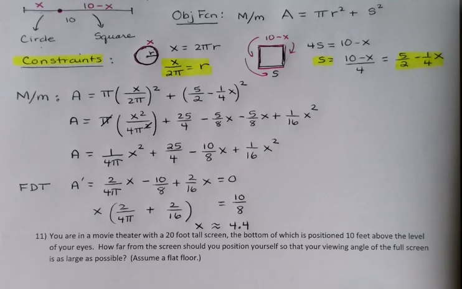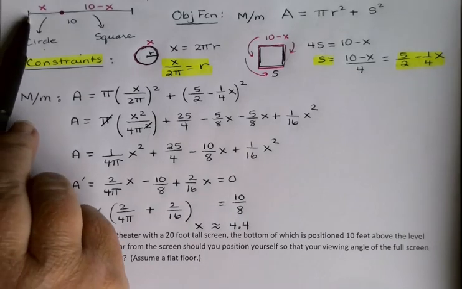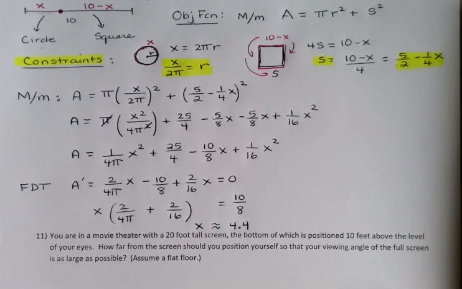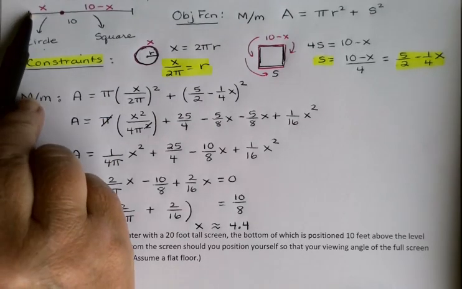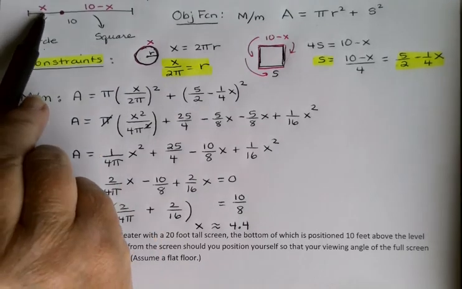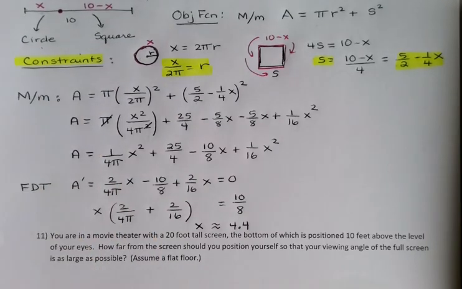The solution is going to be to look again at what is the valid closed interval that x could be a part of. And in this case, x can't be any smaller than 0, and it can't be any bigger than 10, because that would be the whole wire, right? If x is 0, we'd be using everything for the square, and if x is 10, we'd be using everything for the circle.